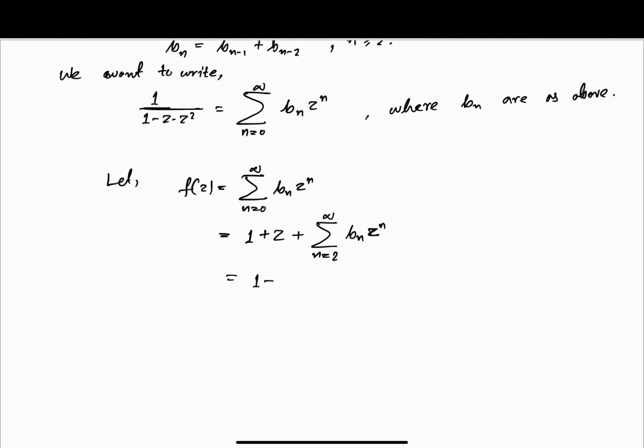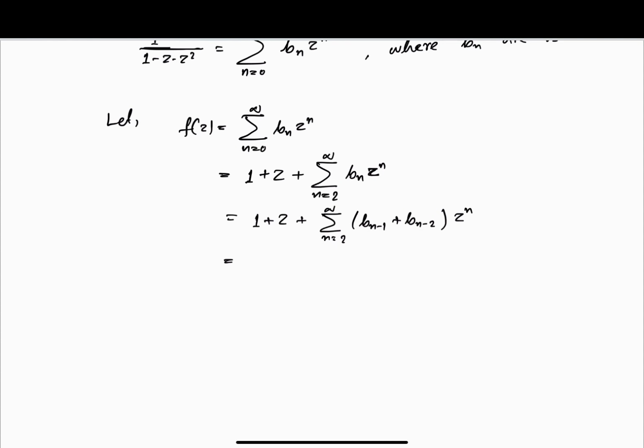Now put this recurrence relation here. If you put this, what will you get? The summation of bn minus 1 plus bn minus 2 times z to the power n. Now separate it out: 1 plus z, summation n equals 2 to infinity bn minus 1 z to the power n minus 1, plus summation n equals 2 to infinity bn minus 2 z to the power n.